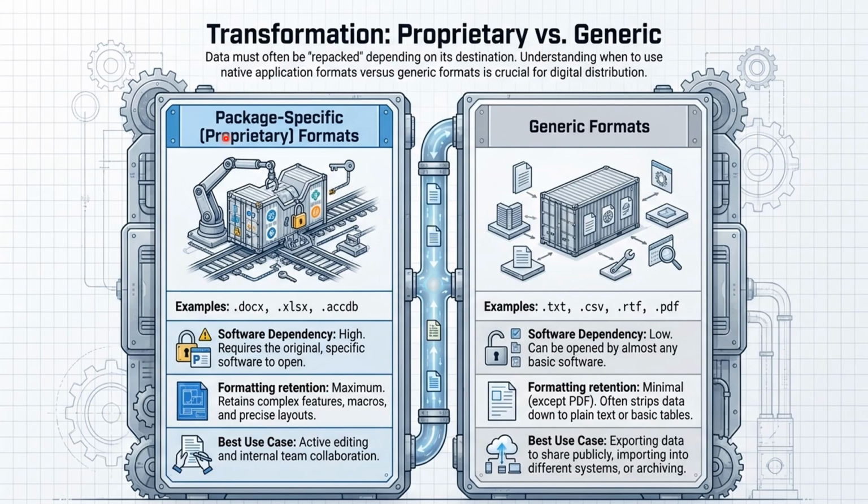And here are package-specific proprietary formats and generic formats. Here are examples: DOCX for a word processor like Microsoft Word, XLSX for Excel, and ACCDB for Access database. And here are examples of generic formats like .txt, .csv, .rtf and .pdf.